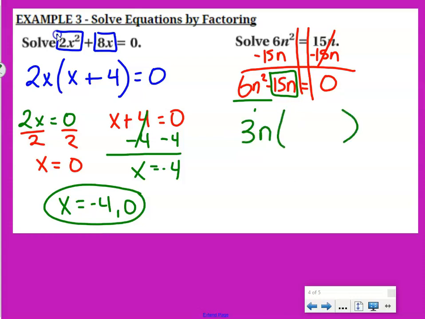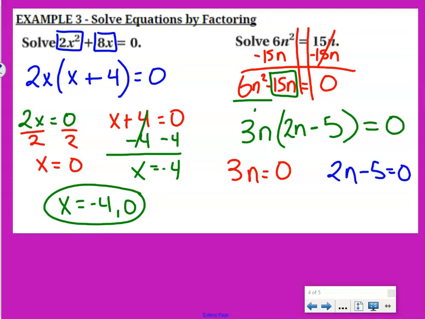And then what do we have left? From 6n squared, we have a 2 to make 6 and another n to make the n squared. Minus 15n, we have a 5 left over to make 3 times 5, 15, and we don't have any n's left because we took one away. That's equal to 0. Now, using our zero product property, we can say 3n equals 0 and 2n minus 5 equals 0.